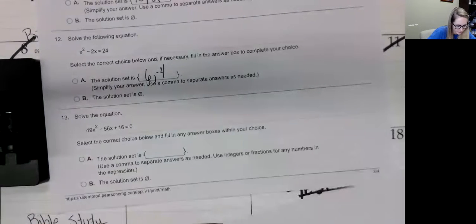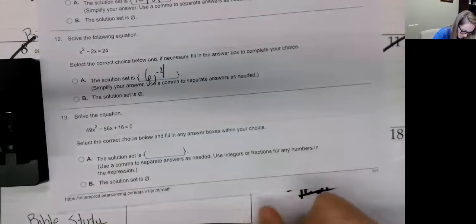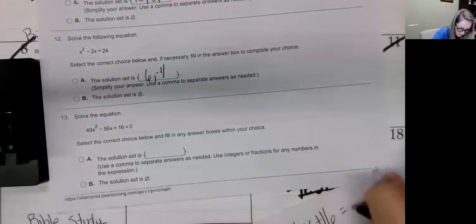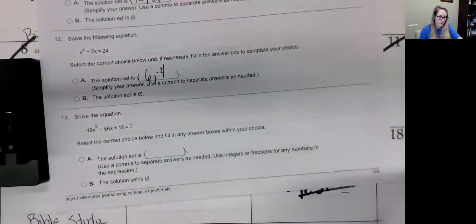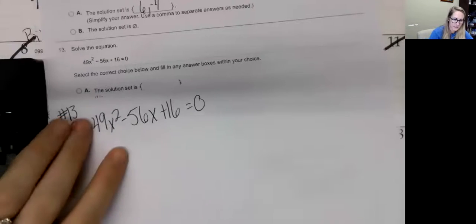Ooh, it's one of those perfect squares from section 5.7, the one right before this one. 49x squared subtract 56x plus 16 equals 0. On this one, there's a square root of 49 and 16. The square root of 49 is 7. The square root of 16 is 4. 7 times 4 is 28. 28 doubled is 56.